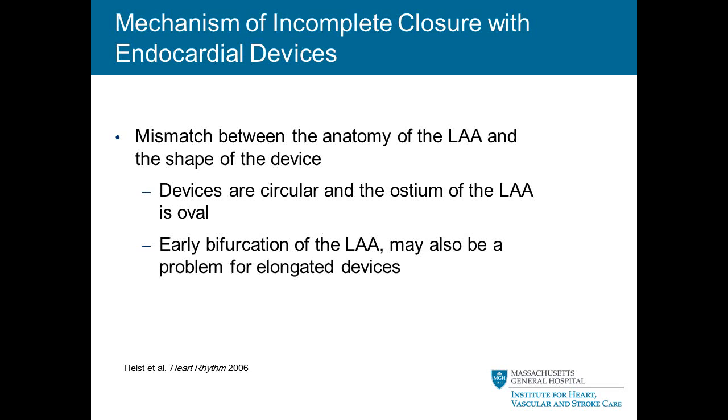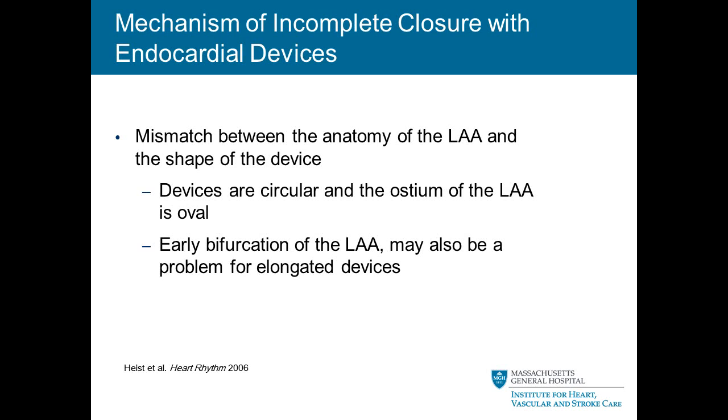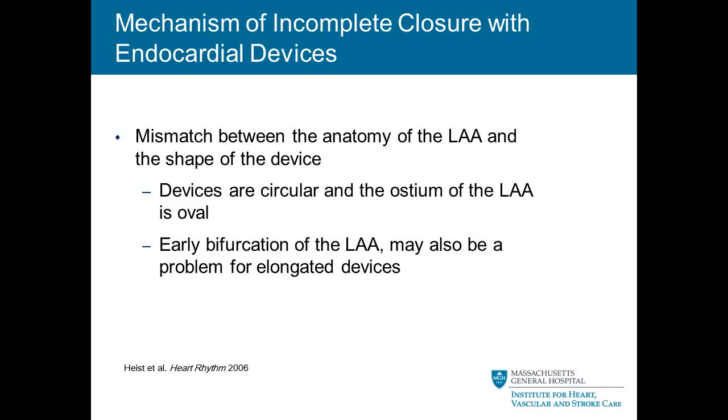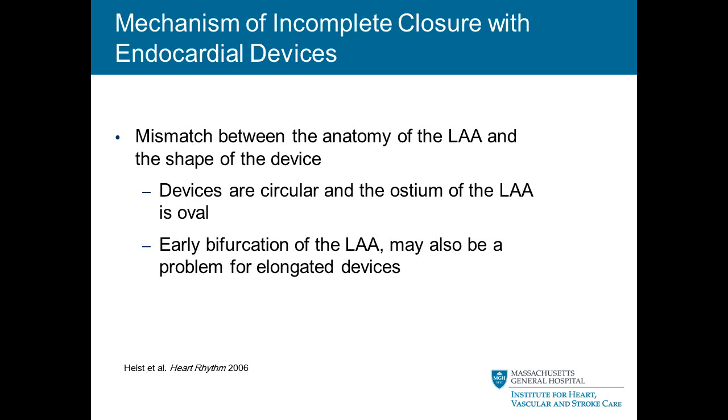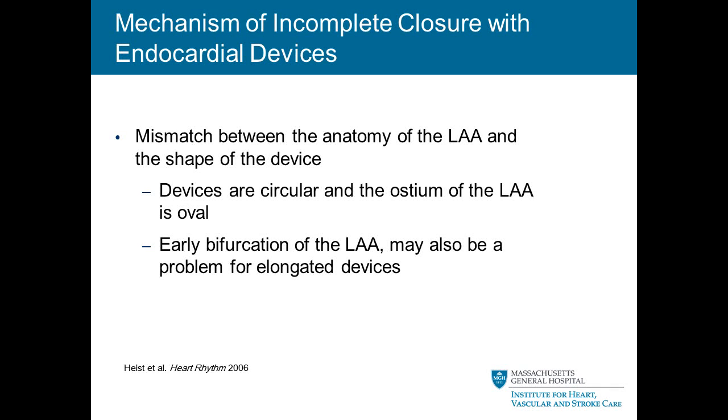We'll start with endocardial devices, and in most cases, the mechanism of incomplete closure with endocardial devices is due to a mismatch between the anatomy of the left atrial appendage and the shape of the device. All devices used for endocardial closure are circular, and we know that the left atrial appendage ostium is oval. So this mismatch leads to leaks around the device.